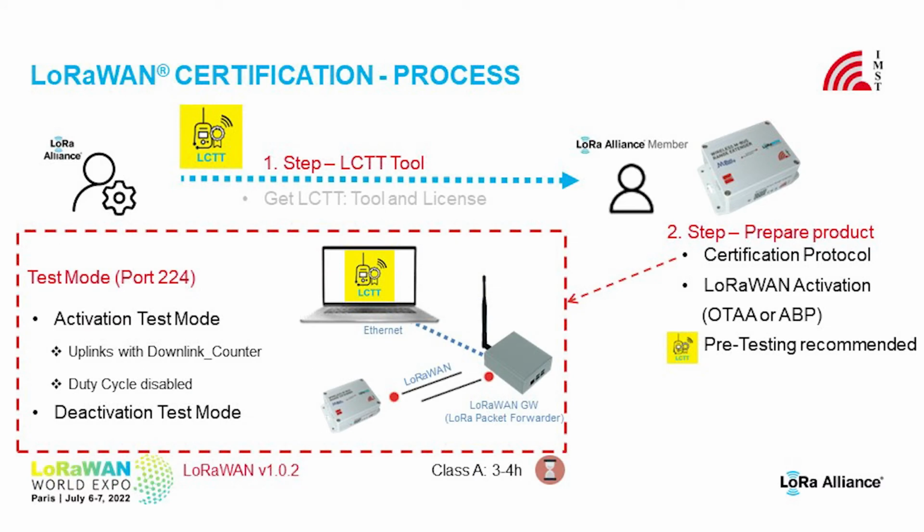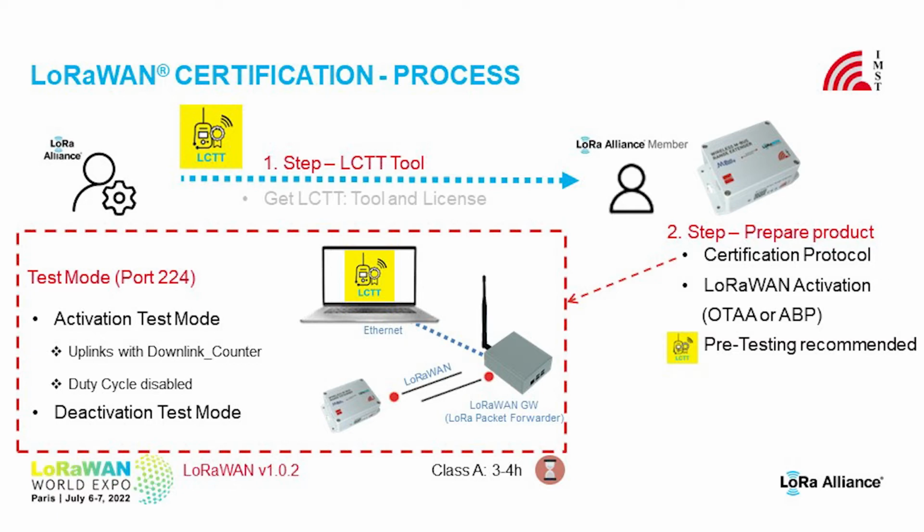It is important to see that this application is slightly different if you are interested in verifying LoRaWAN version 1.02 or version 1.04. For example, for version 1.02, the end device requires a test mode, and this test mode will be enabled at the beginning of the test.